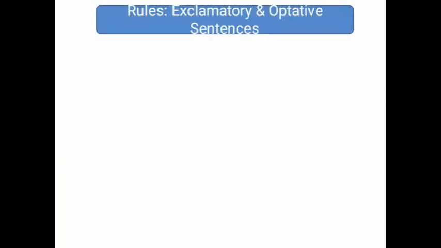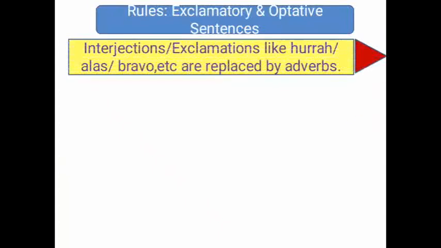Now, we would like to know the rules for the exclamatory and optative sentences. Children, what are optative sentences? Sentences which show a kind of desire or wish are called optatives. Interjections and exclamations like hooray, alas, bravo, etc. are replaced by adverbs.